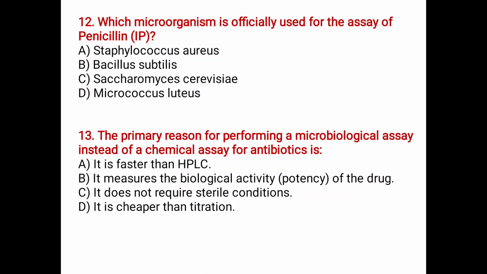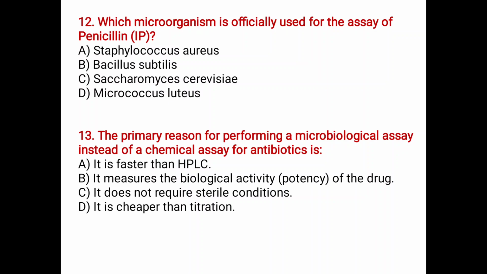You have to remember amphotericin also, the cylindrical plate assay method is utilized. Bleomycin, cylindrical plate method, erythromycin, cylindrical plate method. So with Staphylococcus aureus, different antibiotics are assayed, that is ampicillin, doxycycline, penicillin. So A is the correct answer, you have to remember.